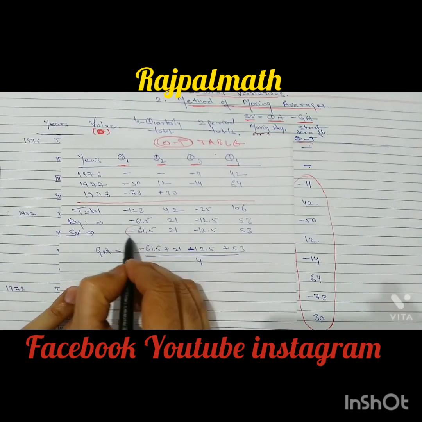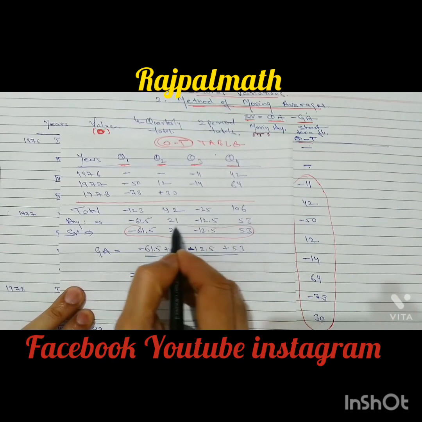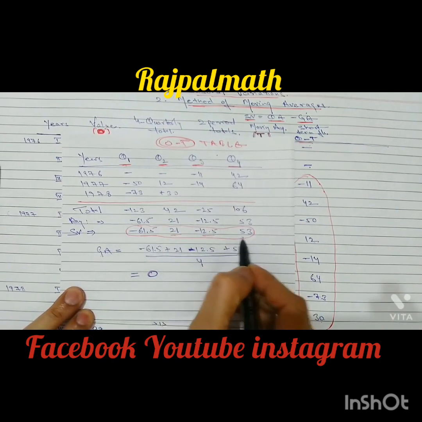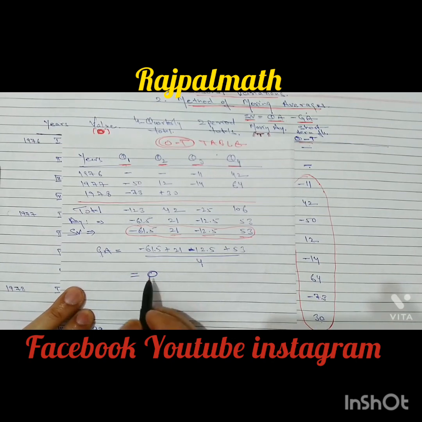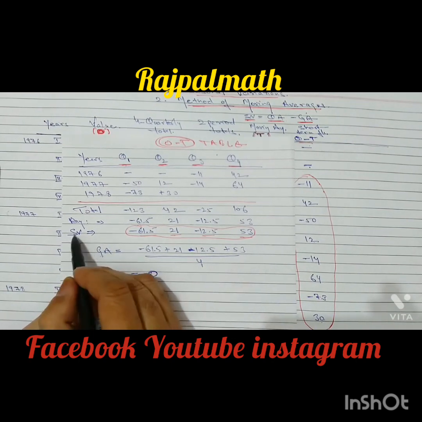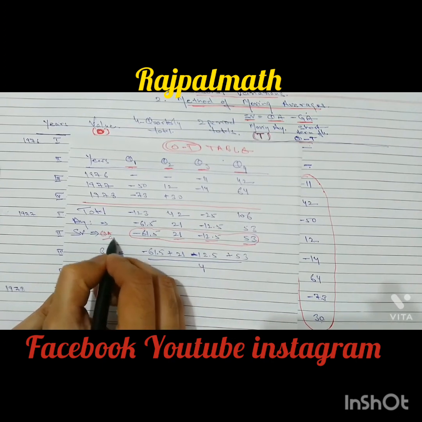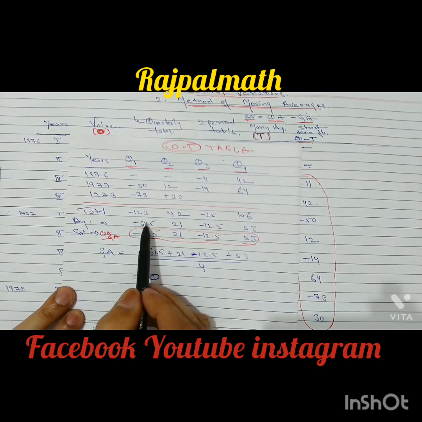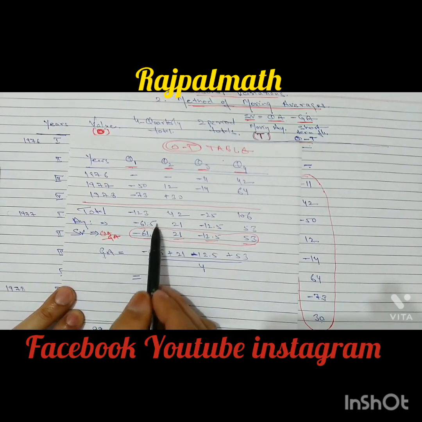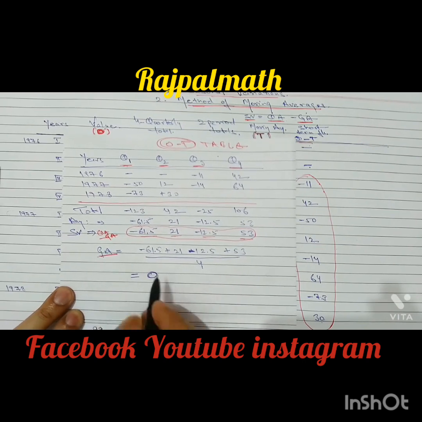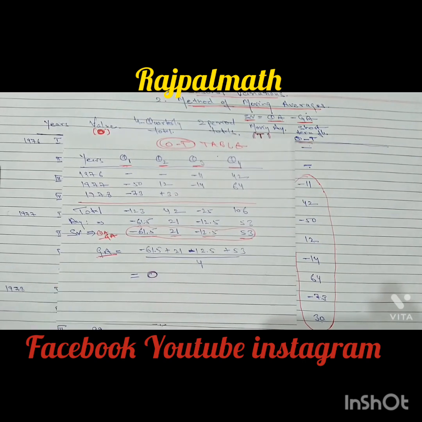These are the seasonal variations for quarter 1, quarter 2, quarter 3 and quarter 4. As the grand average is 0, the quarterly averages and seasonal variations are the same.